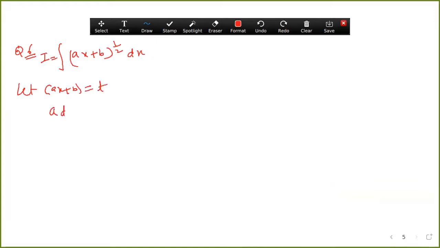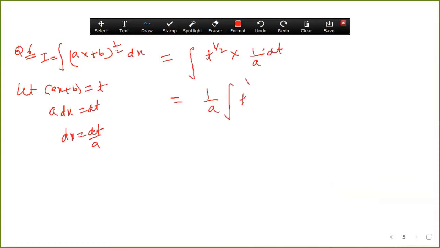It becomes a dx is equal to dt, and dx is equal to dt upon a. The question becomes t to the power 1/2 into 1/a into dt, that is 1/a times the integration of t to the power 1/2 dt. Now integrate it. It becomes t to the power 3/2 divided by 3/2 plus constant.